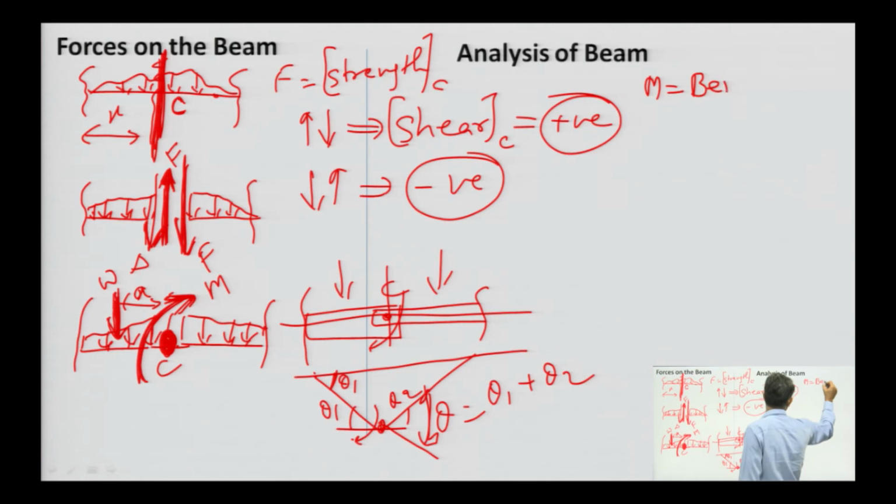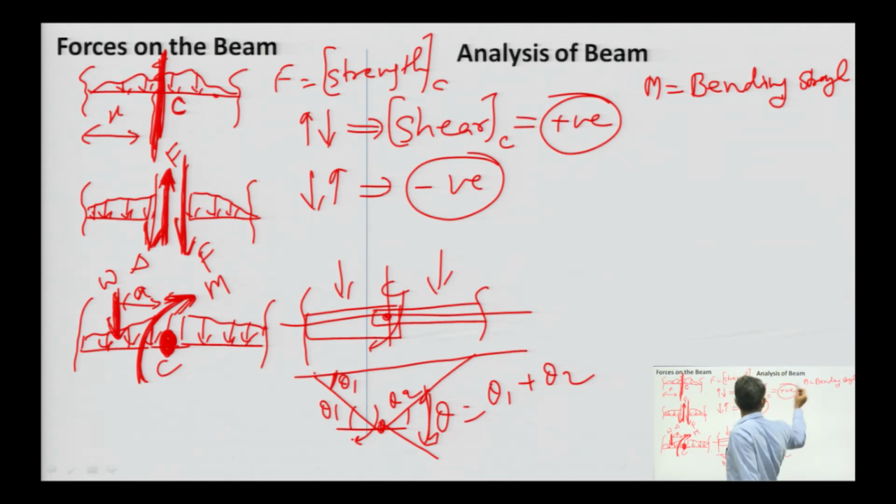Bending strength at point C. And its direction will be opposite to that. If I am taking this as clockwise, the load coming at point C is in the direction of anti-clockwise.